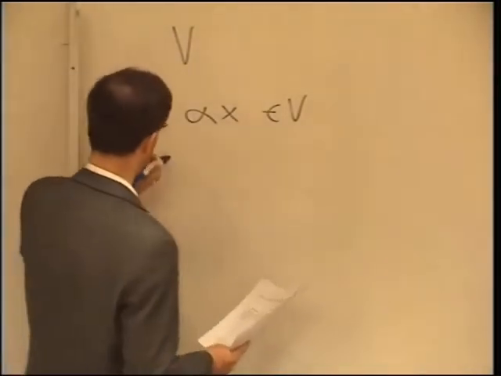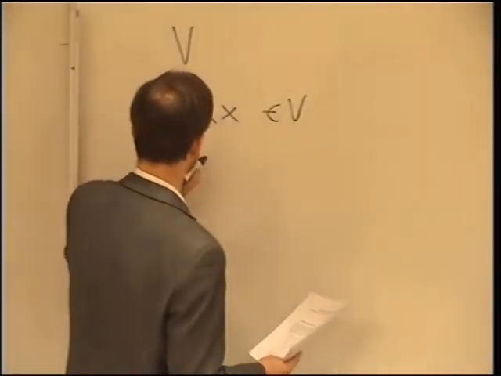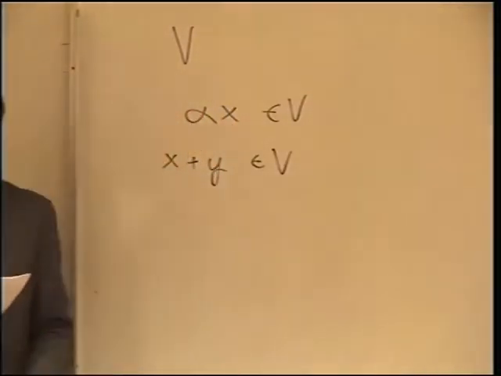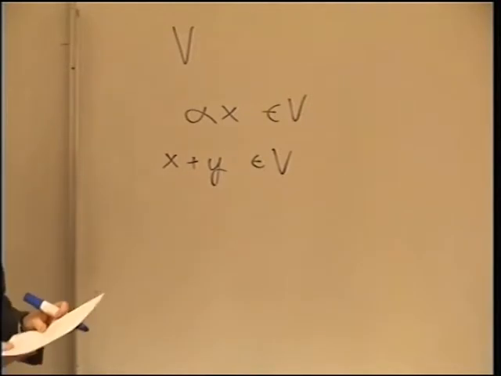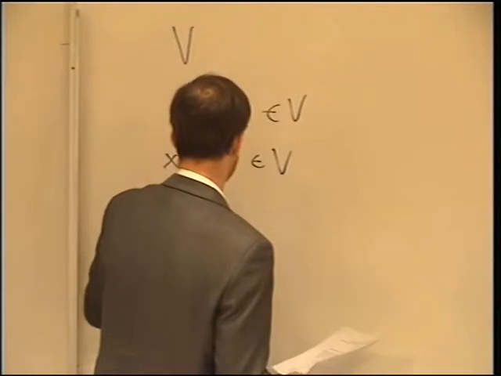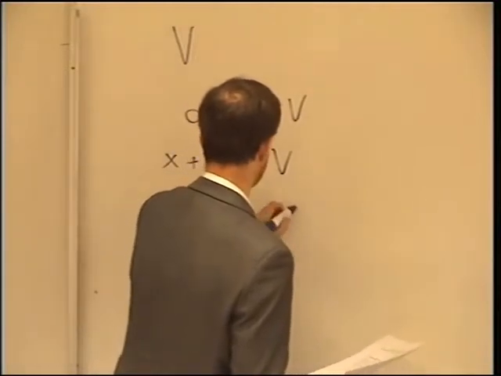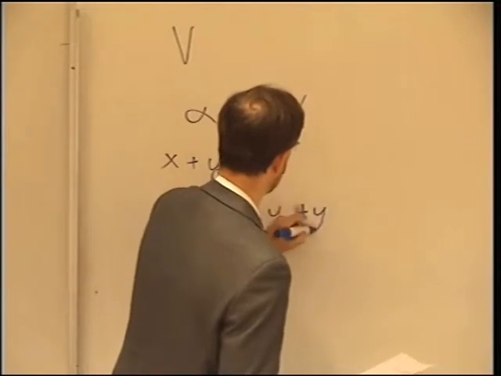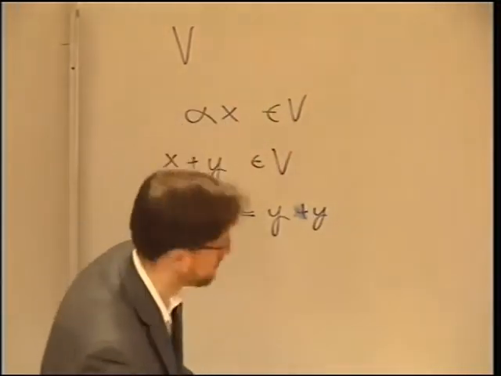Similarly, if I take any two vectors and add them up, then I get a vector in the same space. I need commutativity, which means that the sum of two vectors is the same no matter which way I do the sum. Oopsies, not times, plus. That's completely hopeless.